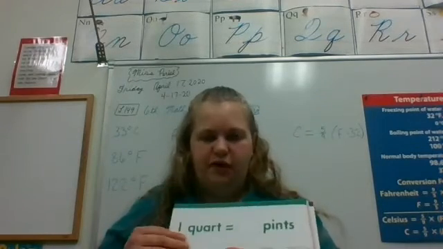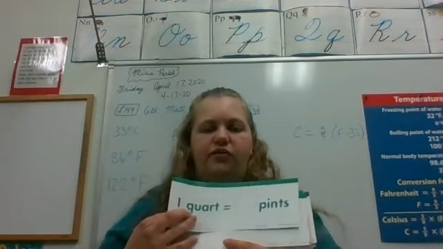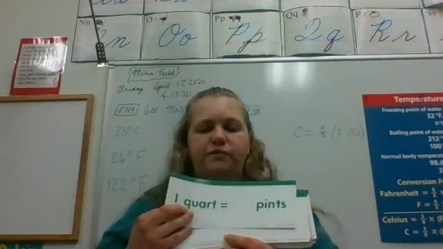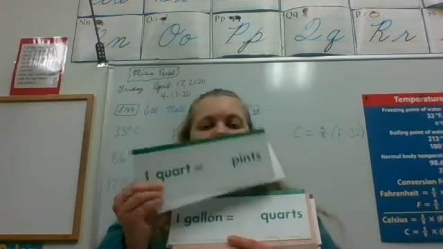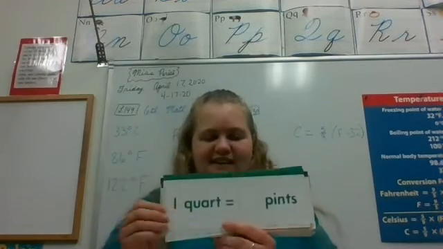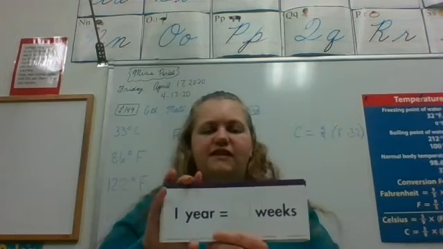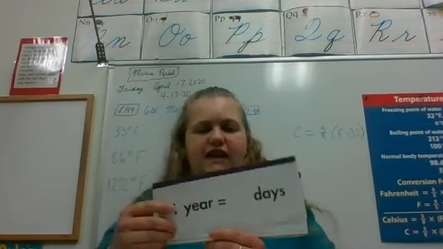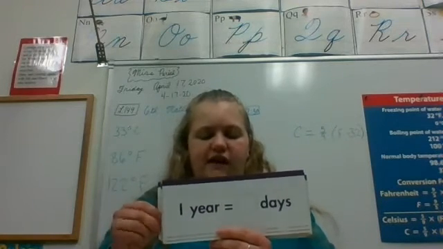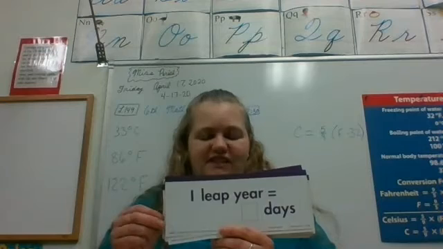Remember, those go in that order. So 2 cups in a pint, 2 pints in a quart, and 4 quarts in a gallon, okay? About 52 weeks in a year, 365 days in a year, 366 in a leap year.